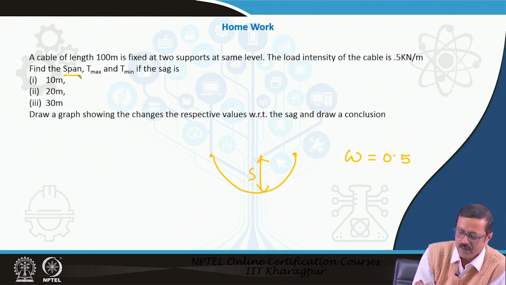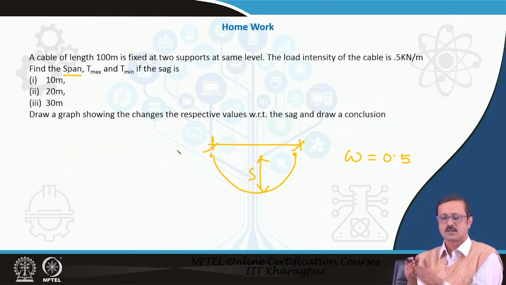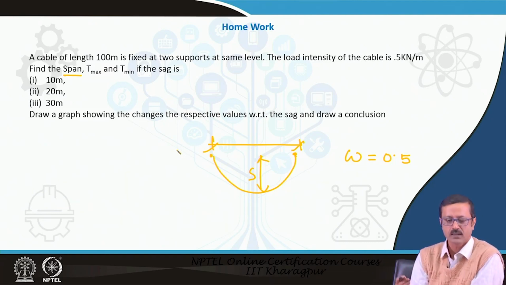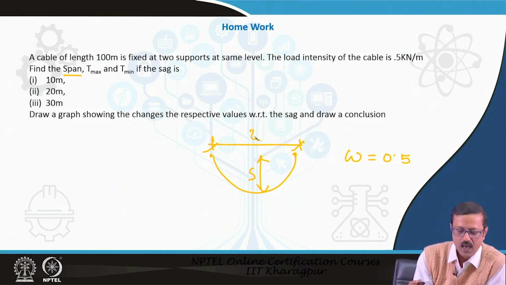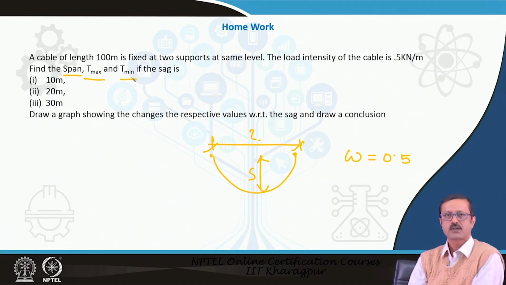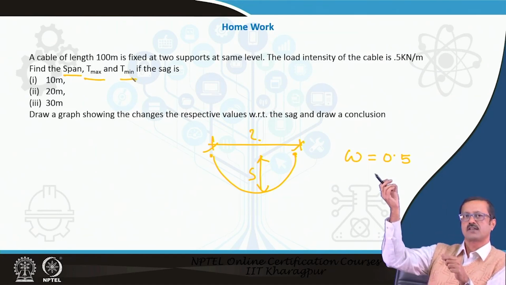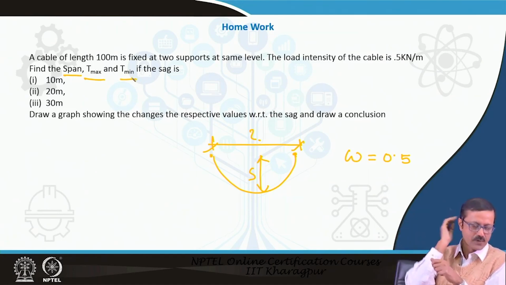You find out the span. In this case, what will be the span? If you remember this particular small video, you see the span changes as the sag changes. So I kept 3 sags, and then find out the span, and also find out the max and min tension, where the minimum tension occurs at the lowest point, and the maximum tension occurs at the highest point, at the support.